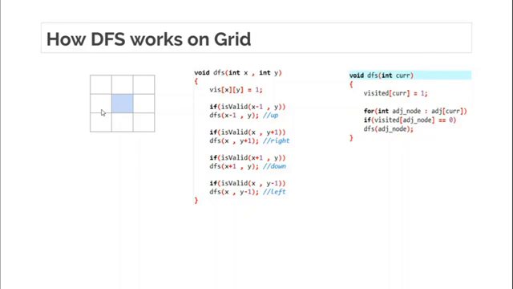So for each node we need its row number and column number, unlike in the normal DFS where we only need a node number. What you would do is mark it as visited. As you can see, the first thing you would do is mark the current node as visited. If you reach a certain cell, you would mark that cell as visited.